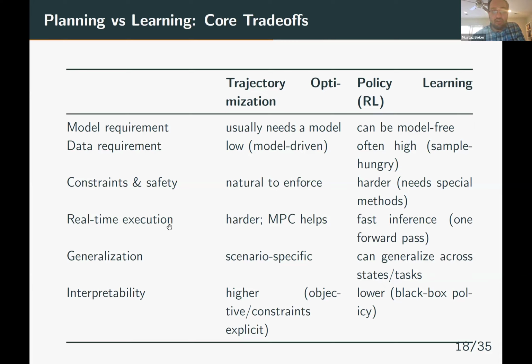For real-time execution, it's harder for trajectory optimization because it's computationally hungry. It's easier for reinforcement learning. Generalization, you know, it depends for trajectory optimization.